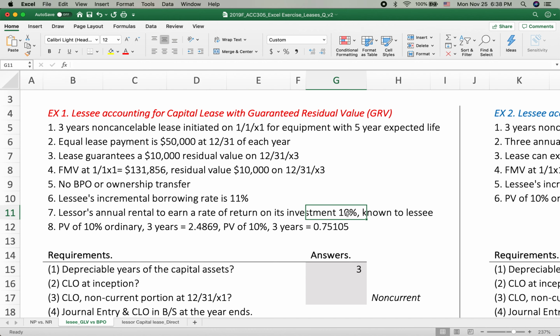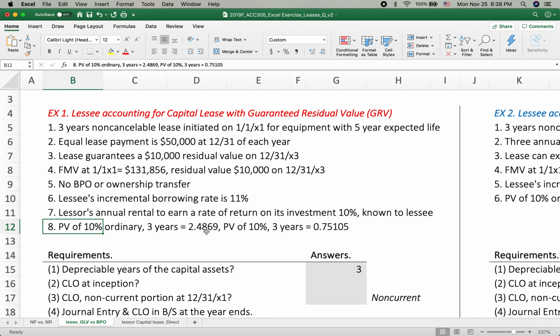So we use 10%. Because the incremental borrowing rate 11% is also the cost of capital, but that is the overall borrowing rate. So we use this 10% for the specific capital lease obligation when we recognize interest expense every year end. Then the present value of a 10% ordinary annuity with 3 years, the ordinary annuity factor is 2.4869.